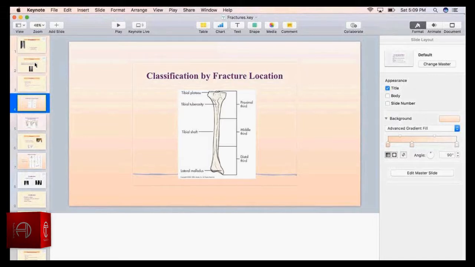Apart from that, as for example in this slide, you can see the picture of a tibia. There you can see the condyles, tuberosity, medial malleolus, all these regions. If the fracture is in this region, you can name the fracture according to where exactly it is, for example a medial malleolar fracture, lateral tibial condylar fracture, or tibial tuberosity fracture.